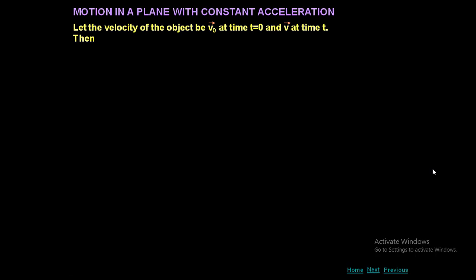Let the velocity of the object be v naught bar at time t equal to 0 and v bar at a time t. Here v naught represents initial velocity and v bar represents final velocity. Then how can we write acceleration? Acceleration a bar is nothing but change in velocity by time.